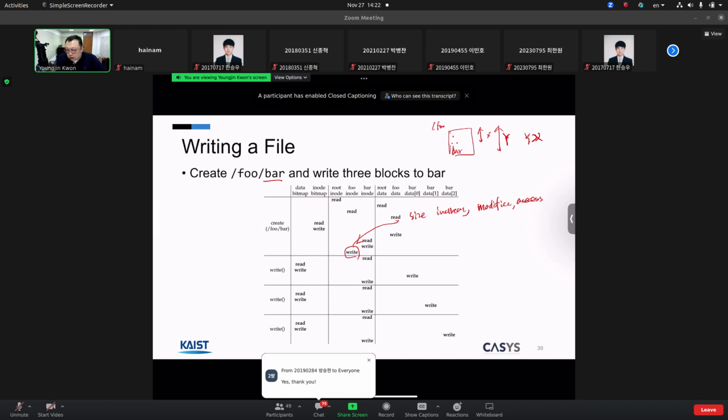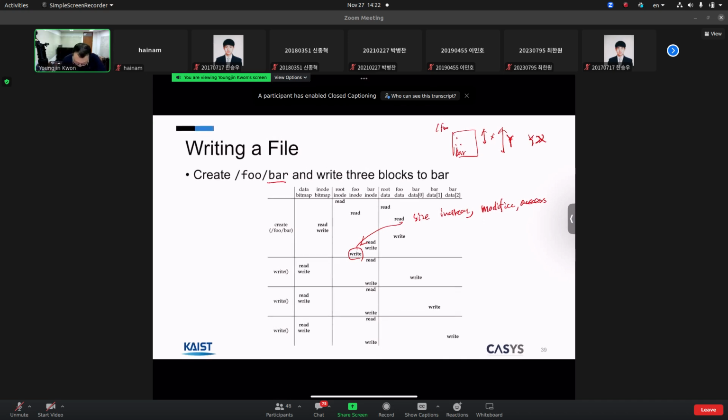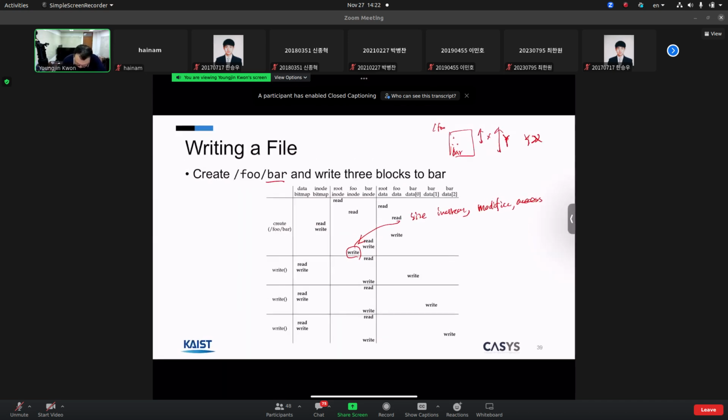Okay. Why is a read operation of inode bar needed before the write? This one, right?